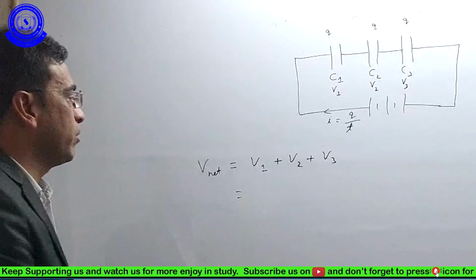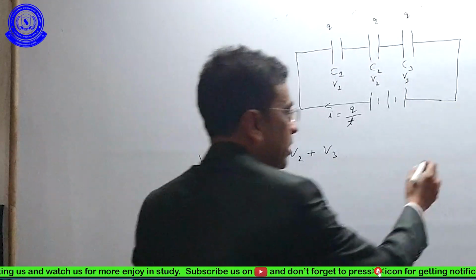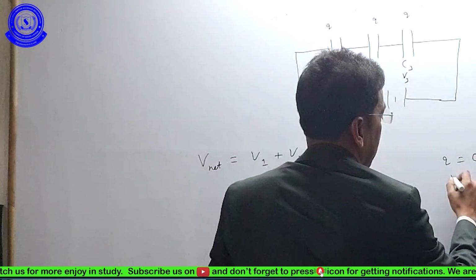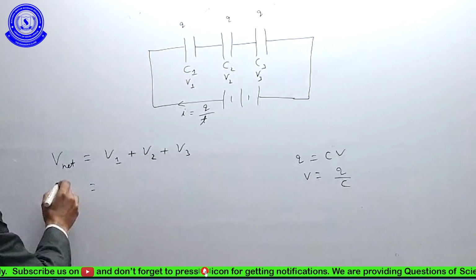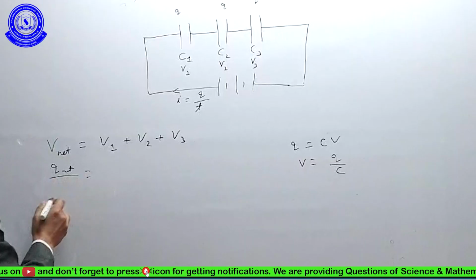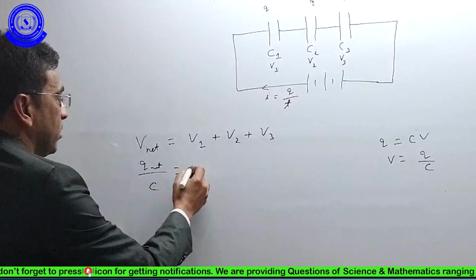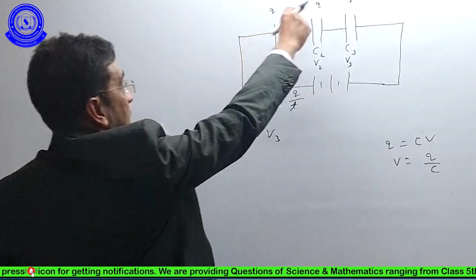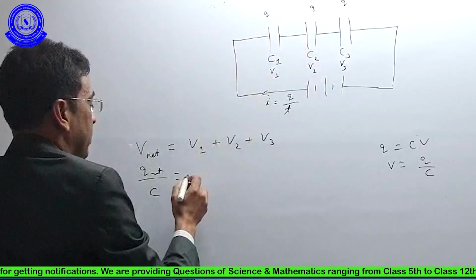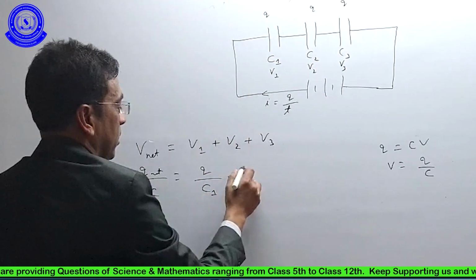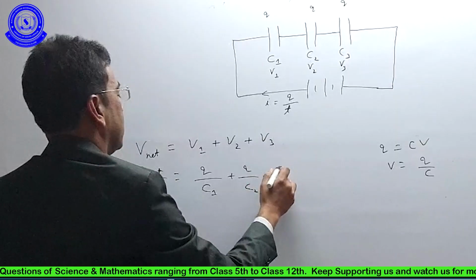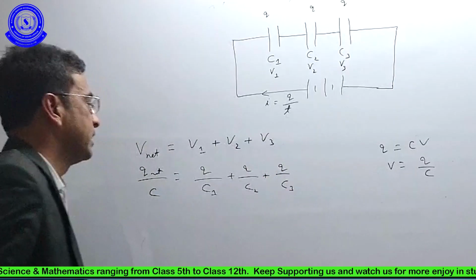You know Q is equal to CV, then V equals Q by C. Here Q net by C. The charge is the same for all the capacitors, so it is Q by C1, Q by C2 and Q by C3.